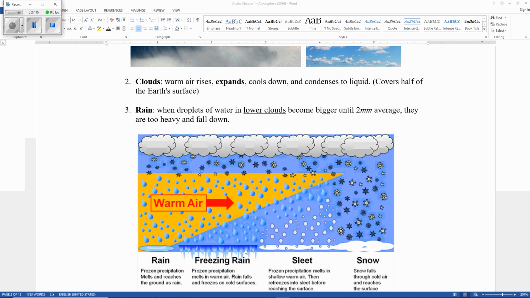And sometimes the high atmosphere is warm, so the water droplet forms, then near the ground the temperature drops, so it halfway freezes. That's called sleet. So that's the difference between rain, freezing rain, sleet and snow, and how that happens. You already see a lot of this in daily life.